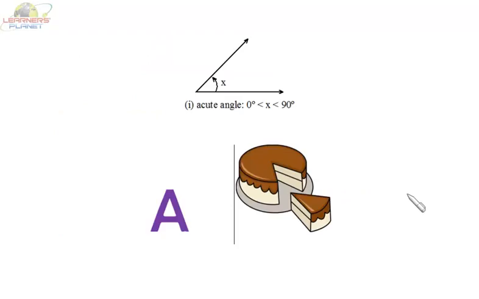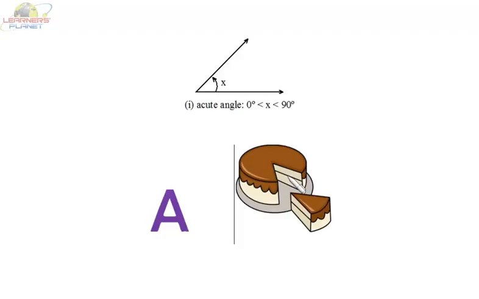Now let's discuss the different types of angles. Here we see the angle X. If this angle is between 0 and 90 degrees, then it is known as an acute angle. That means the measurement of this angle is between 0 degrees and 90 degrees. We measure angles in degrees, and if the value of that particular angle is between 0 and 90, then it is an acute angle.